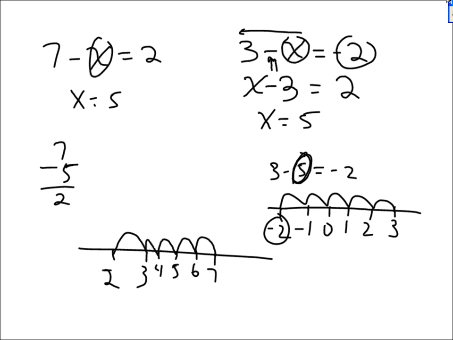It's 5. If it was 3 minus a negative 5, or 3 minus x, then that's what x would be. But it wasn't that. It was 3 minus 5, or positive 5. If you read a subtraction backwards, then you have to change the sign of the answer.